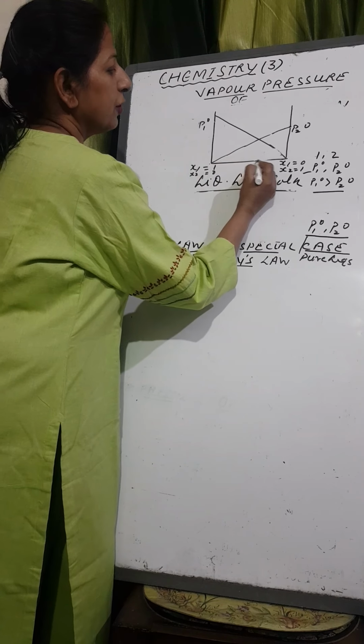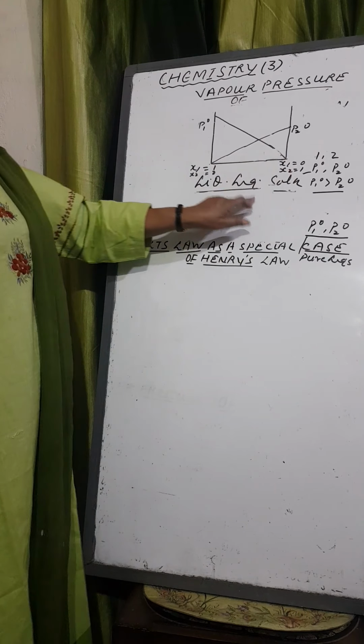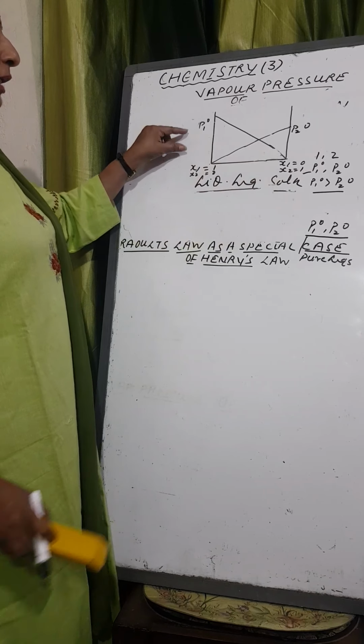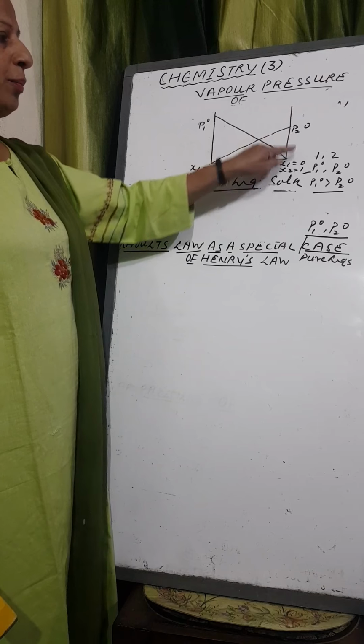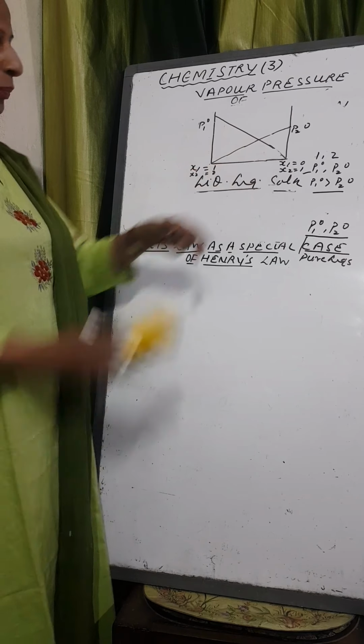So the graph can be represented for the liquid-liquid solution in terms of vapor pressure and mole fraction of both the components this way.